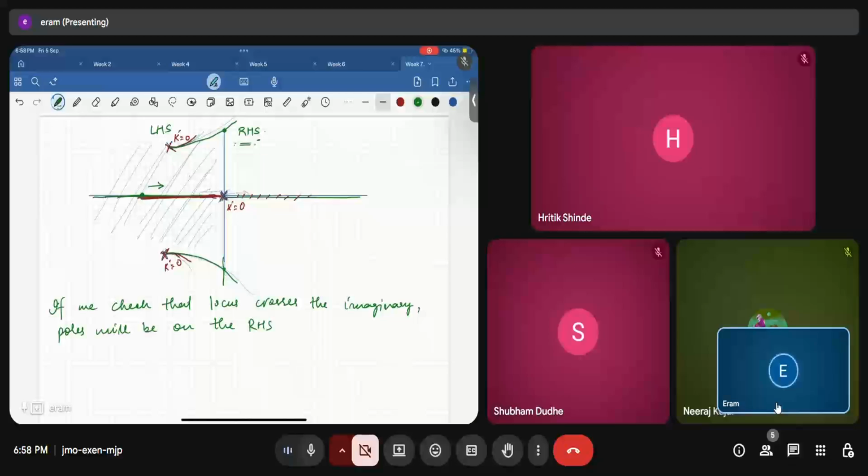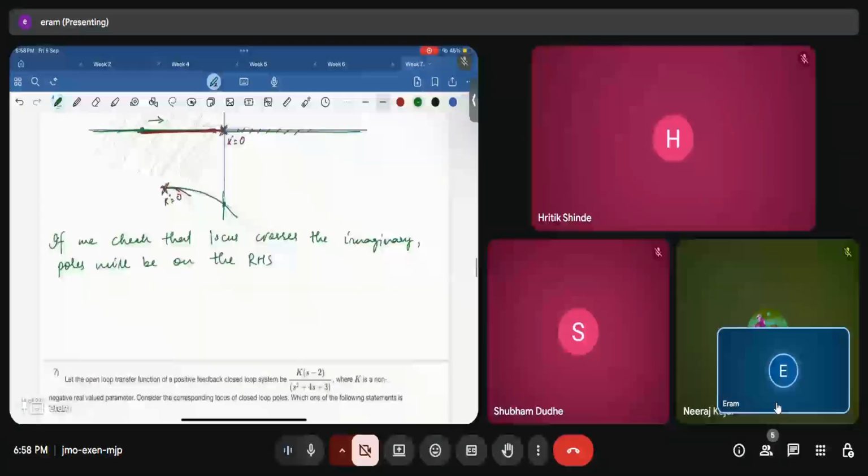So what we need to check is whether our locus is crossing the imaginary axis or not. And the moment it crosses the imaginary axis, what will be the real part of the pole? The real part will be 0. We have only imaginary because we are hitting the imaginary axis, right? On the imaginary axis, the real part is 0.